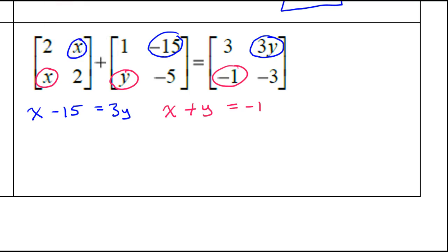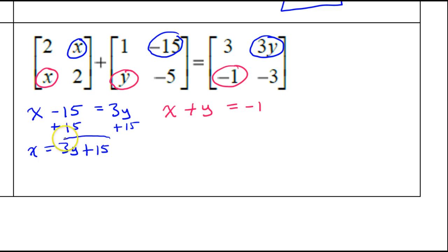So one thing I could do is get x by itself. I could have gotten x or y by itself over here, and it would have been just as easy. But I could get this x by itself if I add 15 to both sides. So that will give me x is equal to 3y plus 15.